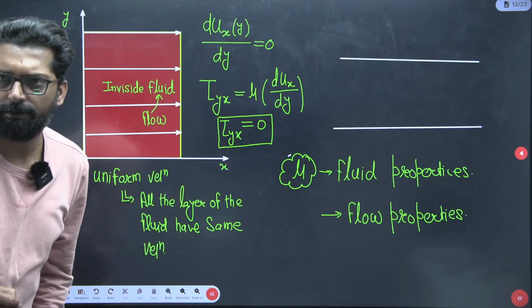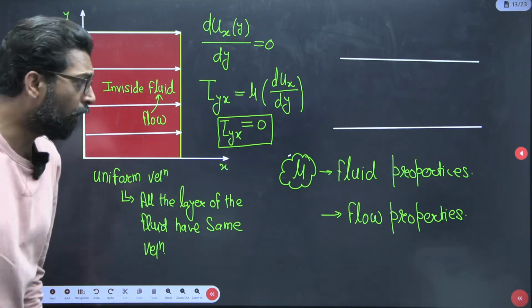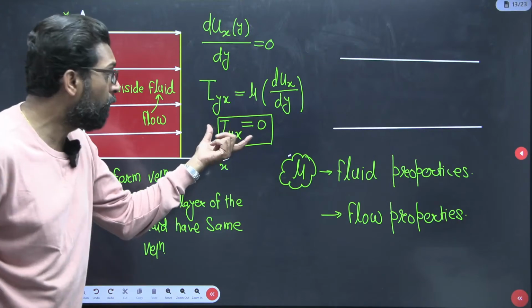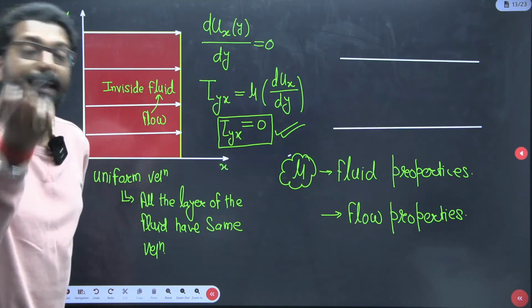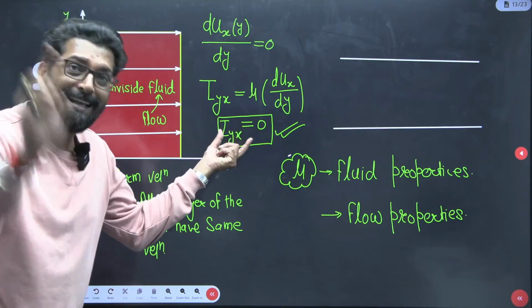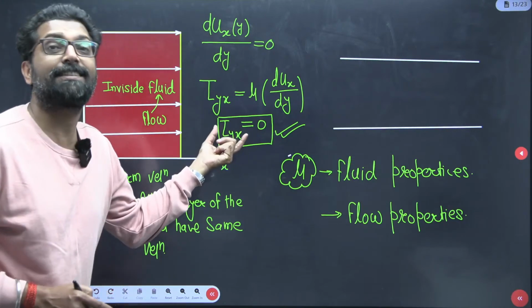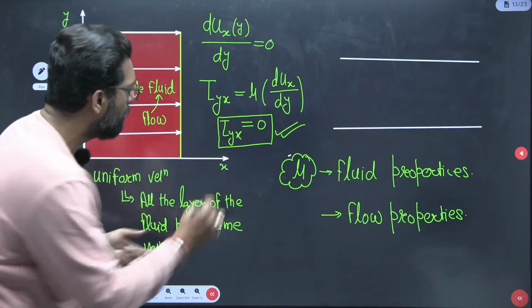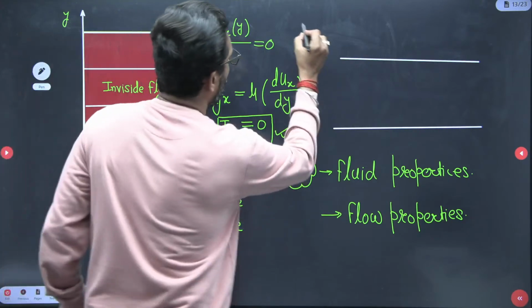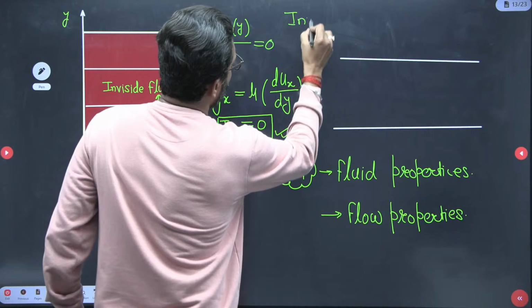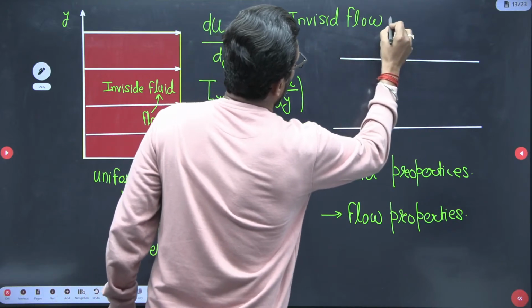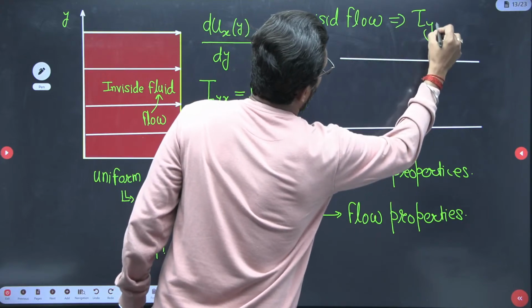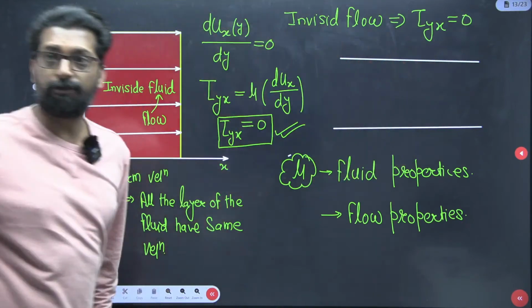So inviscid flow means the shear stress is 0. Why? Because shear stress is the momentum flux, and it is 0. So inviscid flow means tau yx is 0, that is fixed.